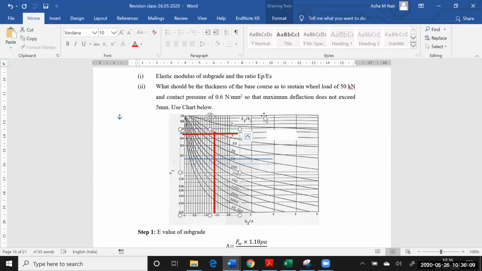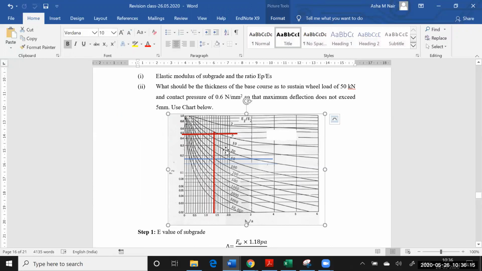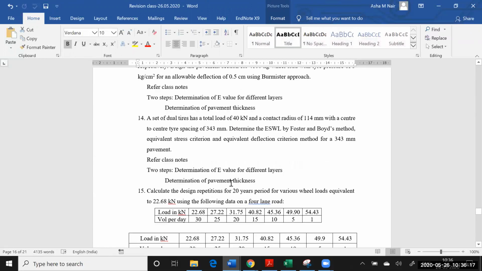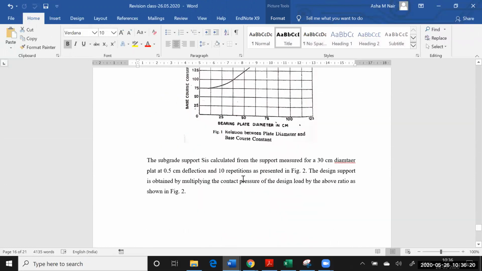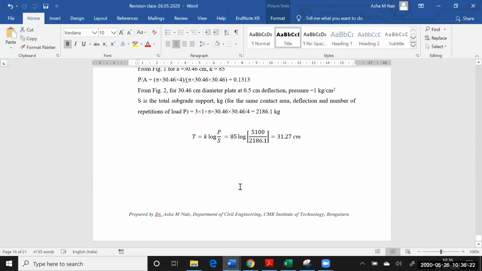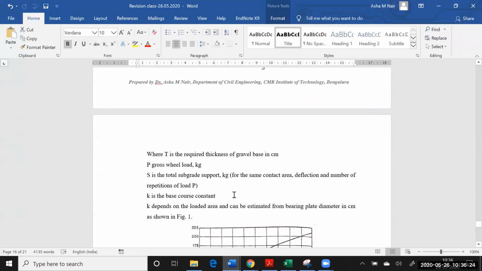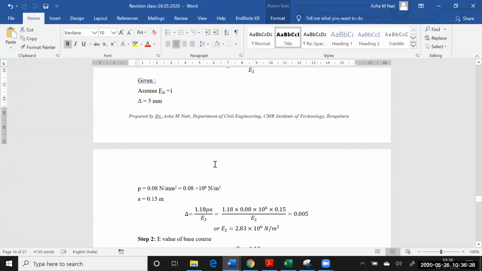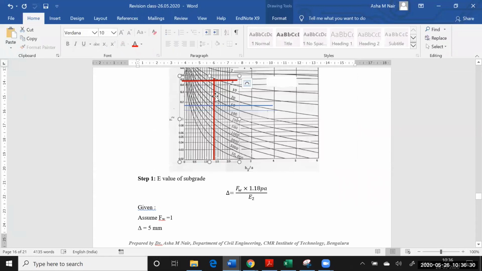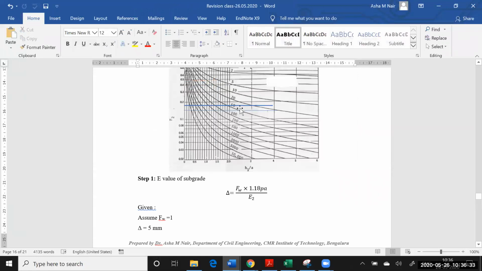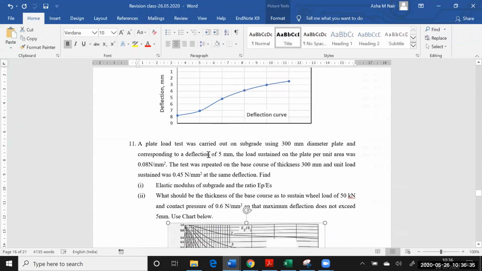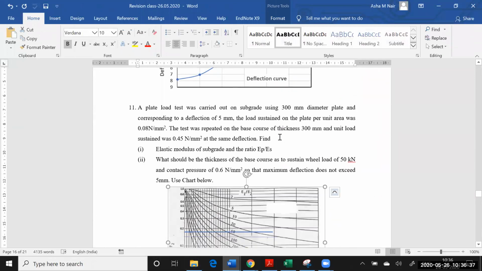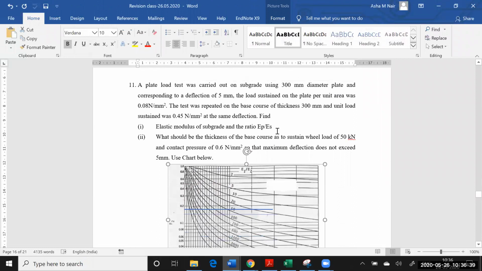So this was 0.49. Now let us try to solve this question. I have copied the same question here.